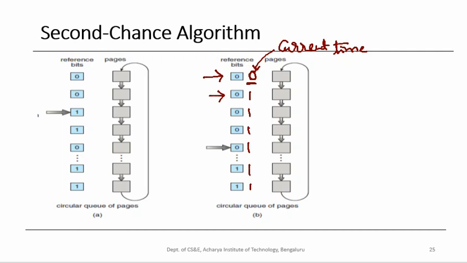Here also we see that the reference bit value is 1. This is made 0, and we proceed like this till we come back to the same page, the reference bit entry belonging to the same page. Now this is the second time we come to the same page, so we select this page as the victim page.